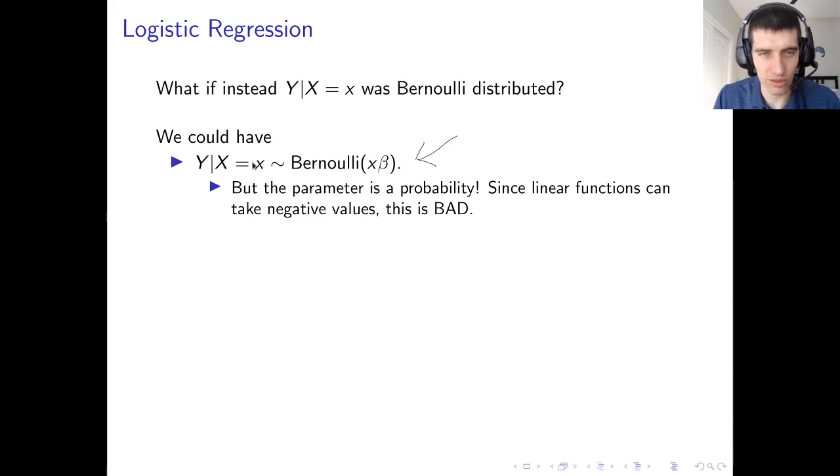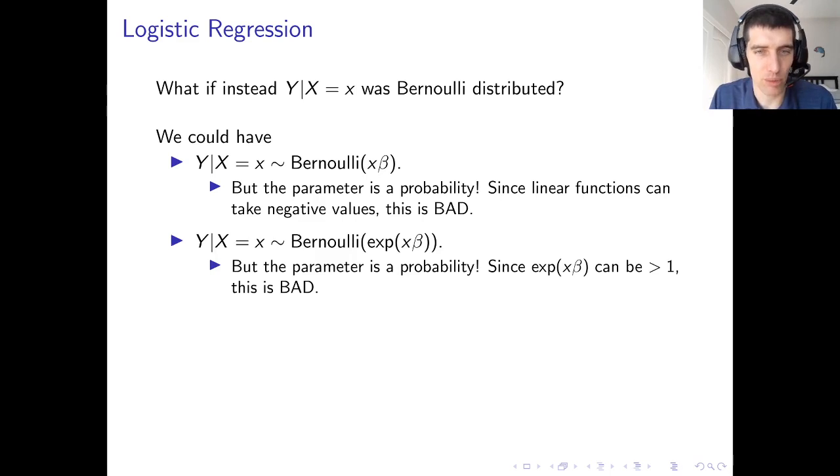This is sort of the natural extension, but we can't do this, and the reason is that x beta is a linear function, and linear functions take values from negative infinity to infinity. But the parameter in a Bernoulli distribution is a probability, so we can't have it taking values less than 0 or more than 1. So this is not appropriate.